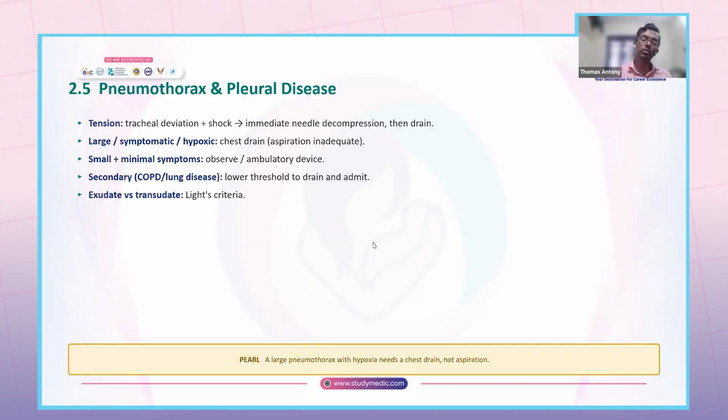So in the newer guidelines, we have primary spontaneous pneumothorax. Primary spontaneous pneumothorax is something which is not associated with any structural lung disease. So in such cases, most of the cases we can manage conservatively, unless the patient is symptomatic.